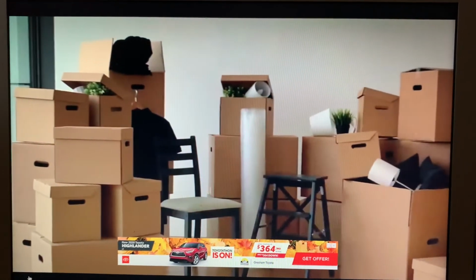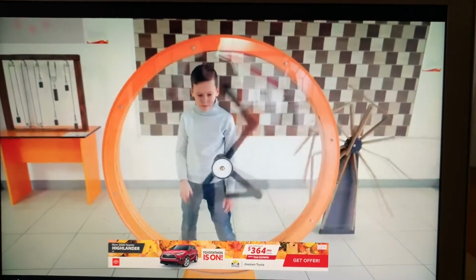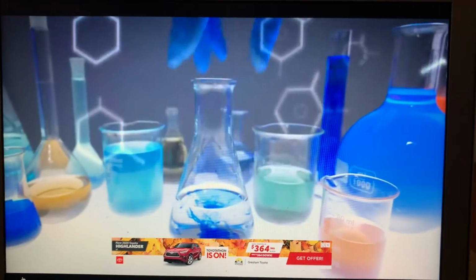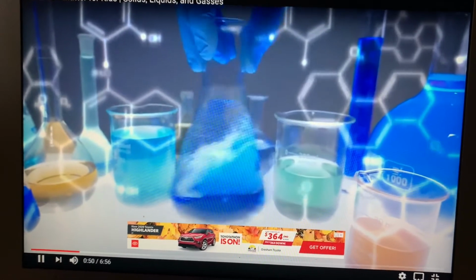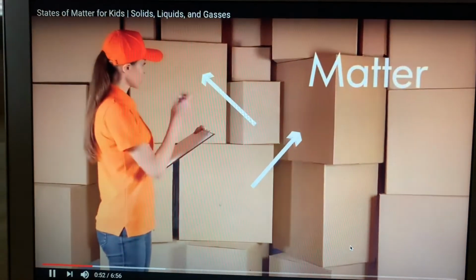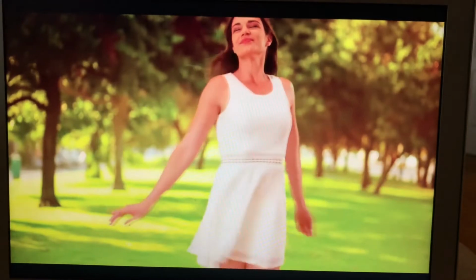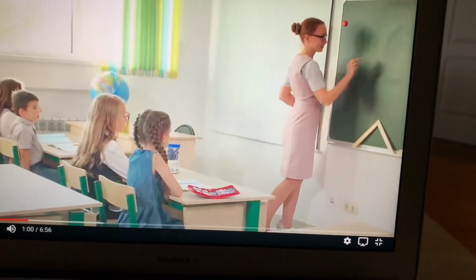Of course, it doesn't all look the same and feel the same, smell the same, or even behave the same. And some stuff that takes up space, like the air you breathe, you can't see or touch at all. We have a word to describe all the stuff in the world that takes up space. Matter. Matter is all around us, whether you can see it, feel it, touch it, smell it, or not. And that's what today's lesson's all about.